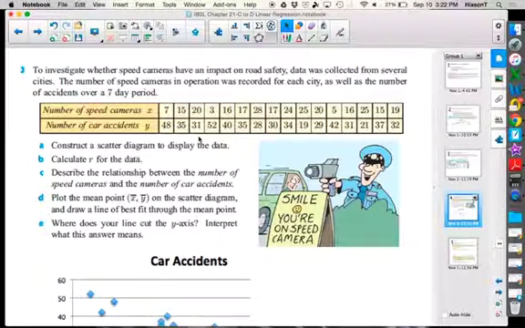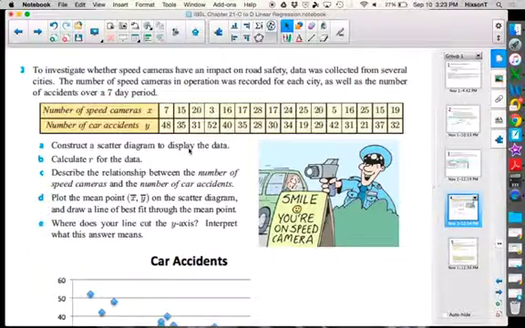Now, they're ignoring a lot of other variables, like how good the drivers are in that area. But they're just focusing on, is there a relationship between the number of speed cameras and the number of car accidents? And if so, what would be our overall model that we could use?